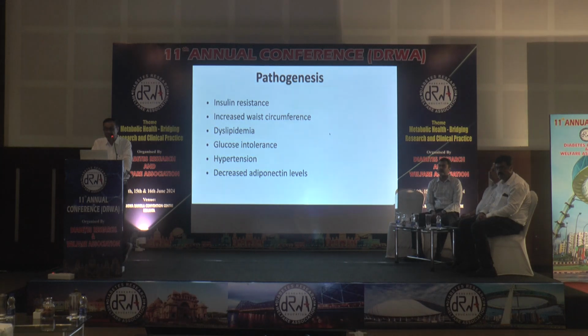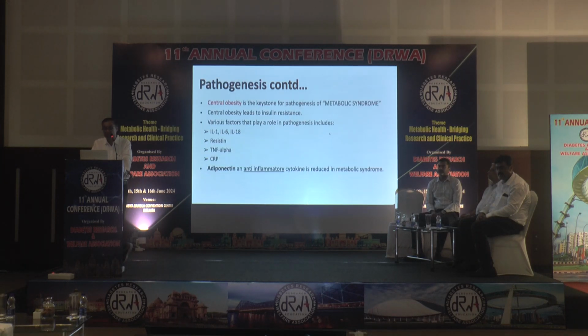So insulin resistance, increased waist circumference, dyslipidemia, this all leads to basically increase in inflammatory markers, especially interleukins 1, 6, and 18, resistin, TNF-alpha, CRP, and adiponectin, which was talked about in the last presentation as well, an anti-inflammatory cytokine, is reduced in metabolic syndrome. This is a protective hormone which has been released by the adipose tissue, which is reduced in metabolic syndrome.